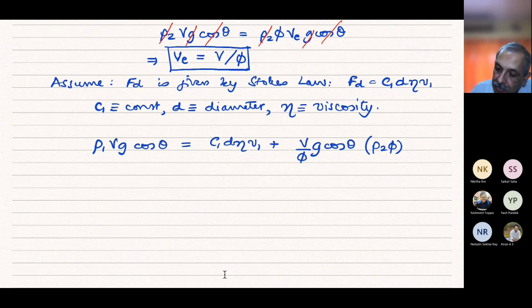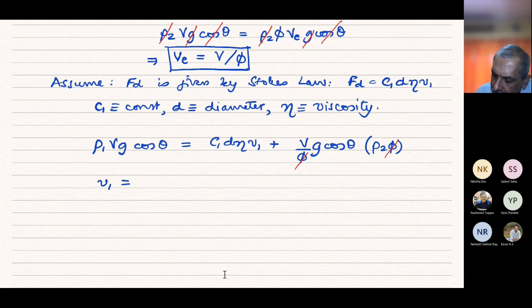So again, now if we do all the cancellations, then everything cancels. Well, not quite. But over here, at least things cancel out. And we can find out what is the velocity V1.